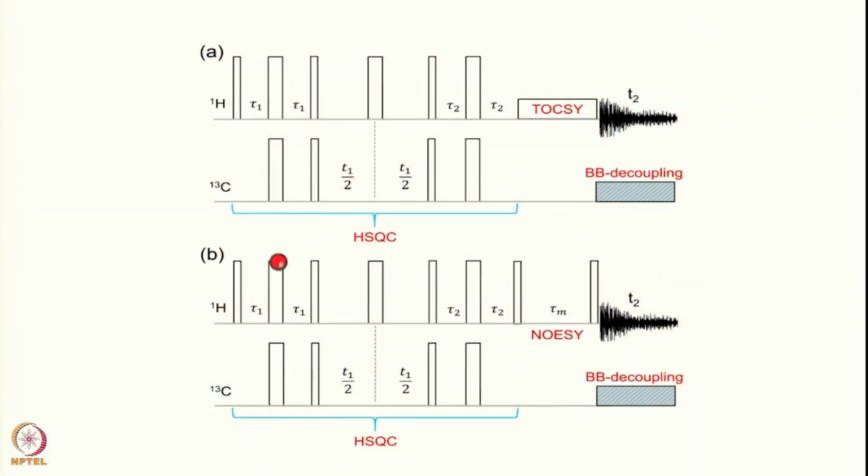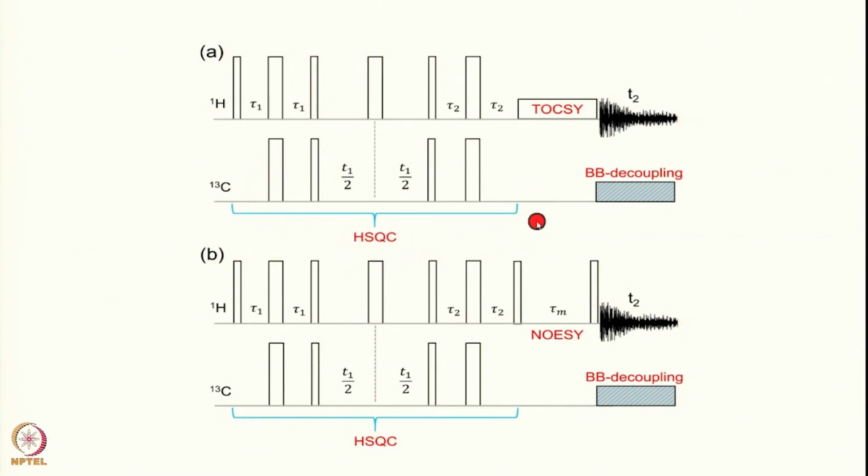So you should be able to identify those, and also if you are going into the structural part, then you must be able to identify which protons are close by. This is what is done by these particular kinds of experiments, where you have this HSQC part, which we had discussed earlier.